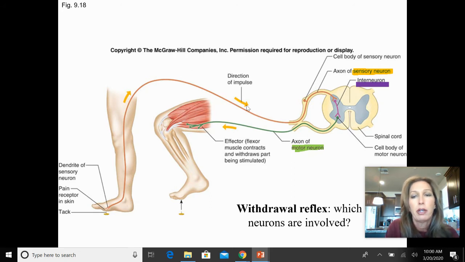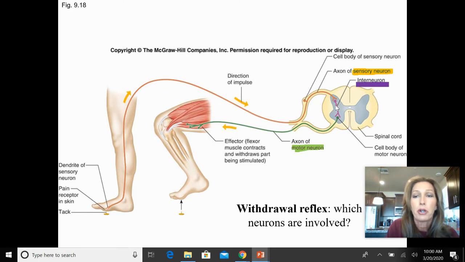The sensory neuron sends a signal to, and this is my spinal cord over here, it sends it to the spinal cord, and within the spinal cord an interneuron realizes, oh shoot, this is really important. In order to save this dumb person who just stepped on a tack or touched a hot stove, we need to act right away.